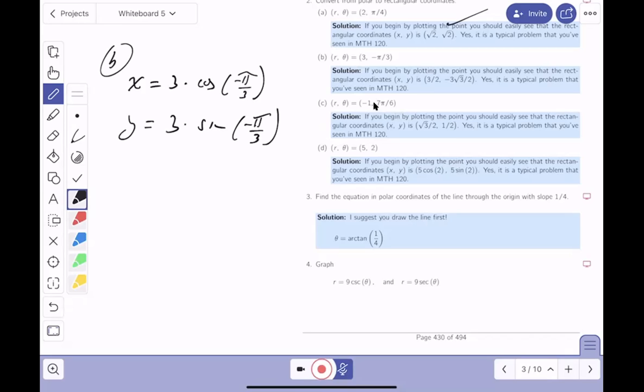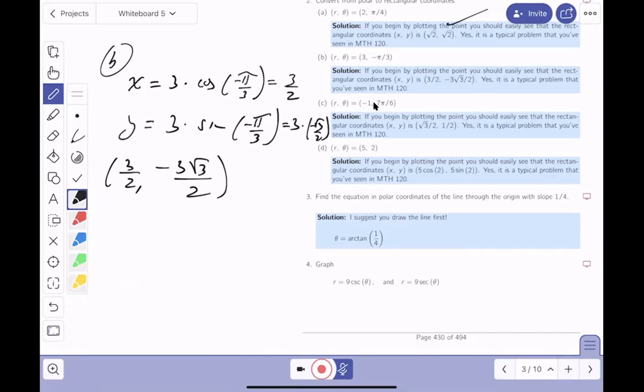So that is going to be 1/2 then. So I get 3 halves. And this will be 3 times, let's see, minus root 3 over 2, right? And what do you get over there for the ordered pair? 3 halves, minus 3 root 3 over 2.